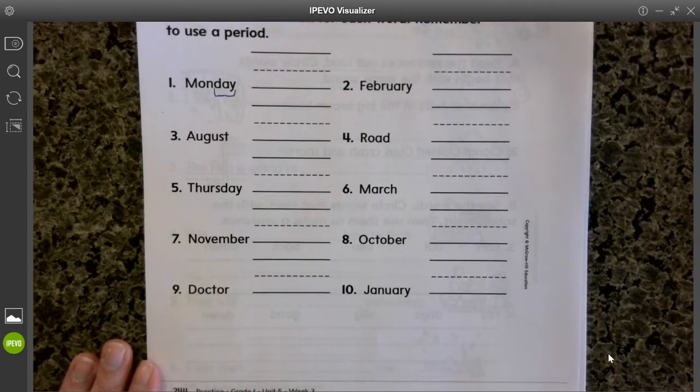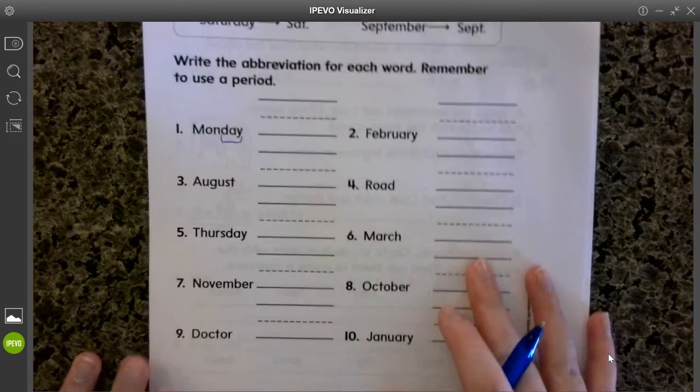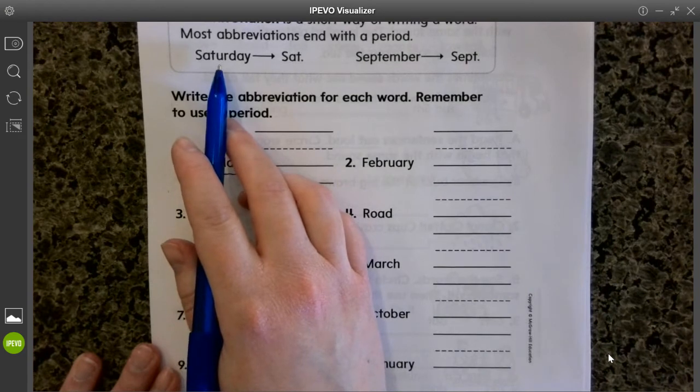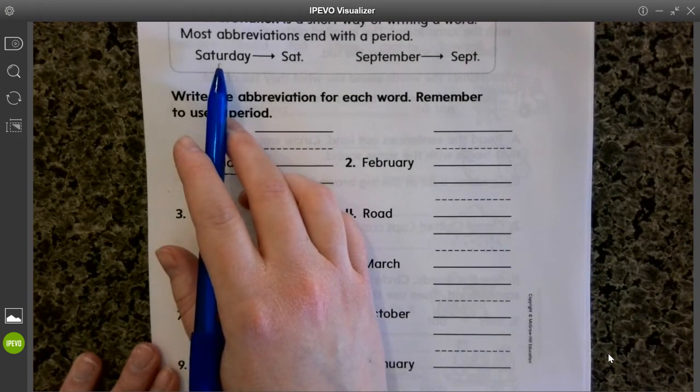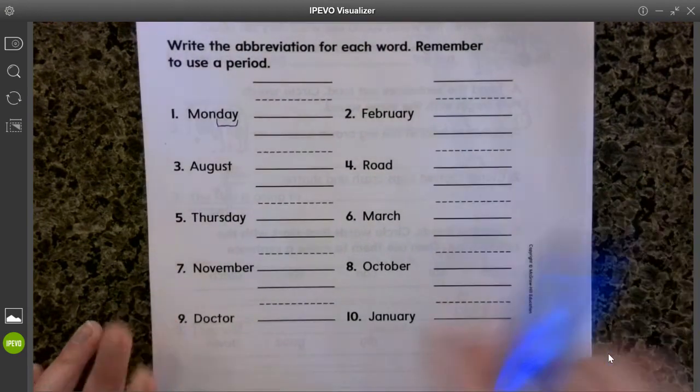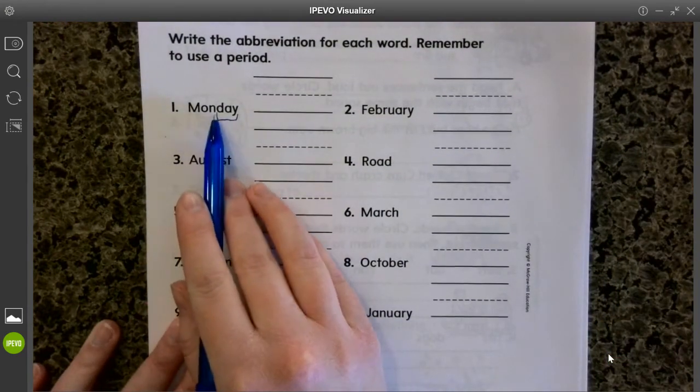So we don't have to use day when we're doing the abbreviation. Saturday, we also take off the UR. But the other days of the week, we typically keep everything that comes before the day. So for Monday, we keep Mon.